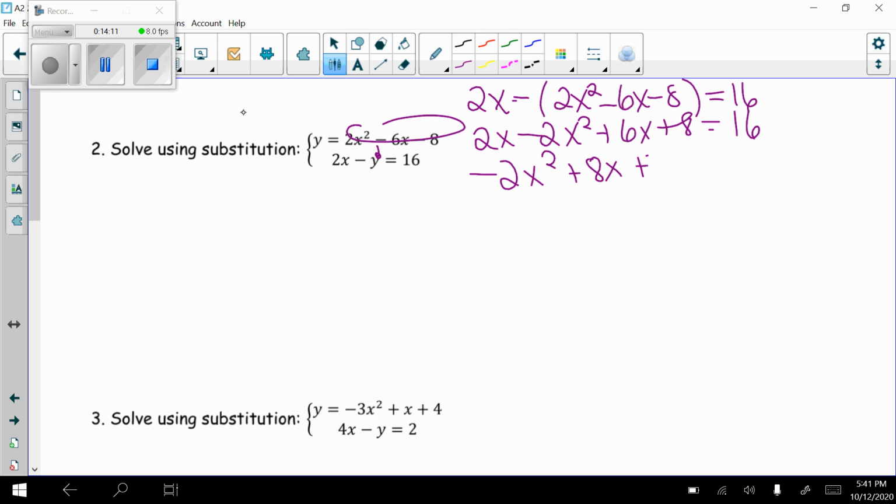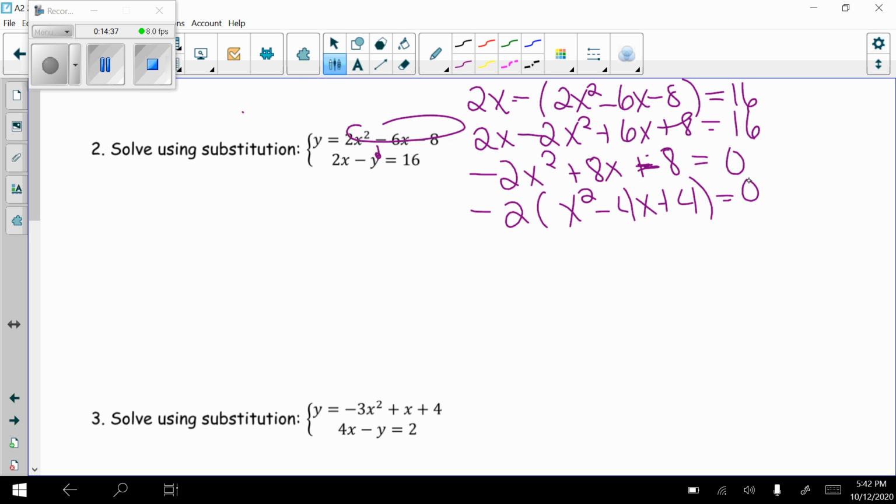So let's see, 8 minus 16, that becomes minus 8 equals 0. So I have negative 2x squared plus 8x minus 8 equals 0. I can pull a negative 2 out of everything, and I get x squared minus 4x plus 4 equals 0.